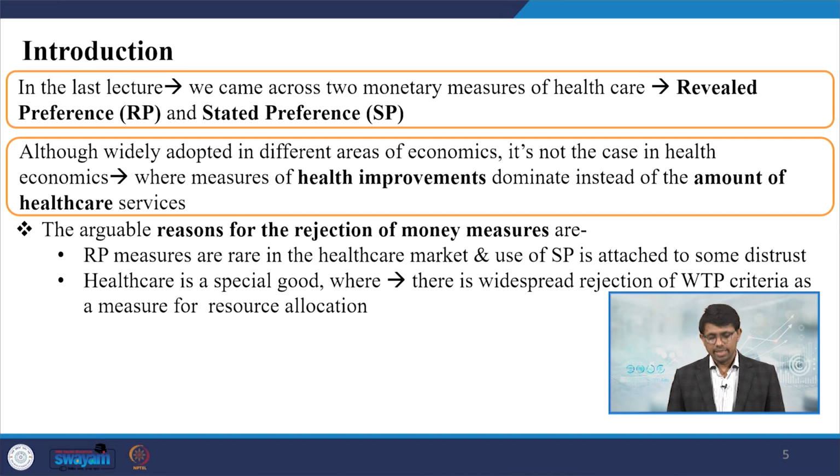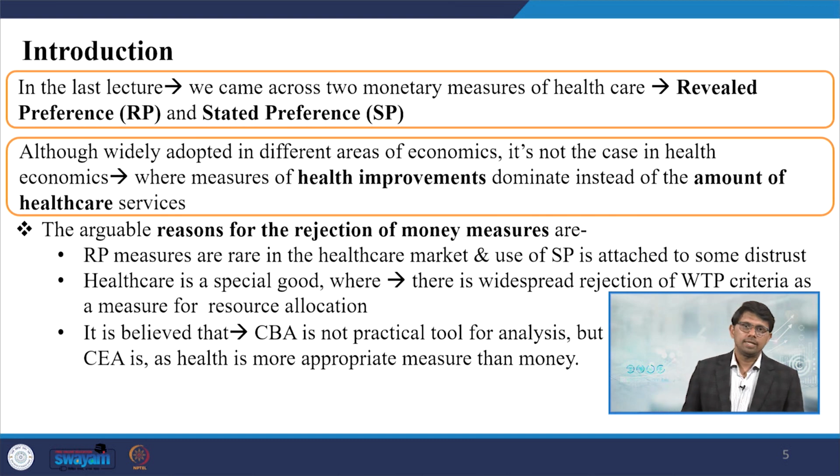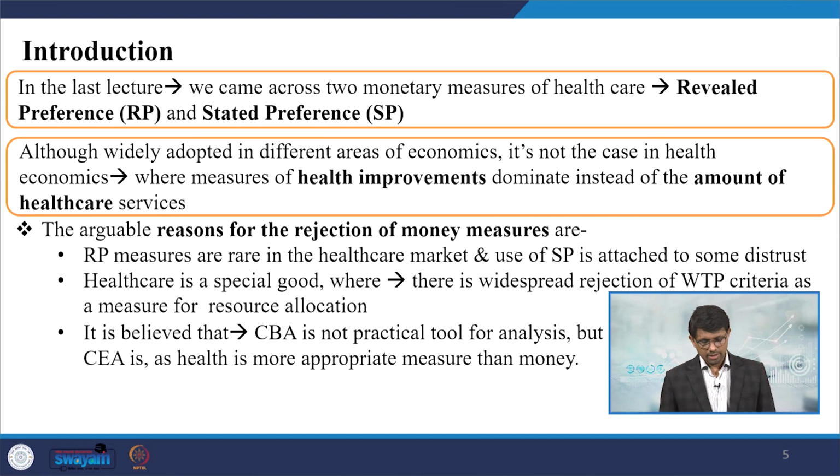Healthcare is indeed a special good where there is widespread rejection of willingness to pay criteria as a measure for resource allocation. It is believed that CBA is not a practical tool for analysis, but CEA, which we already discussed earlier, is, as health is a more appropriate measure than money.